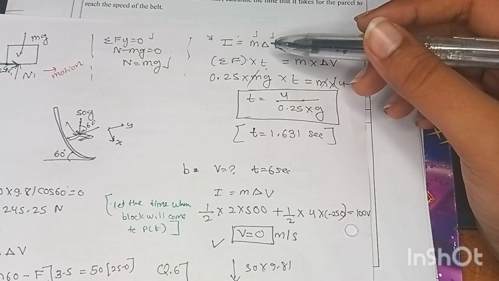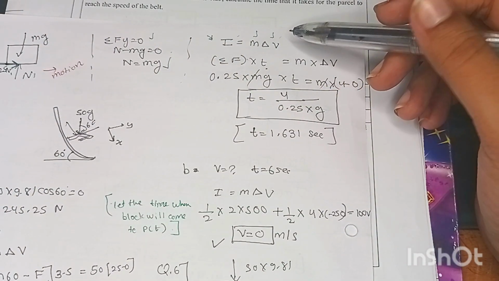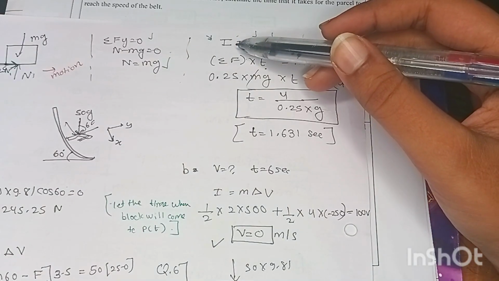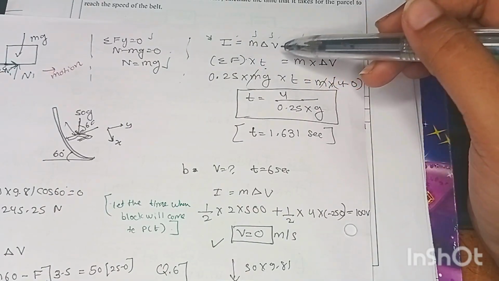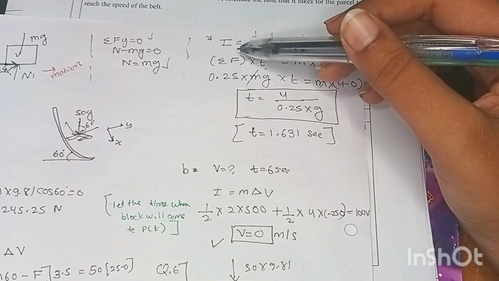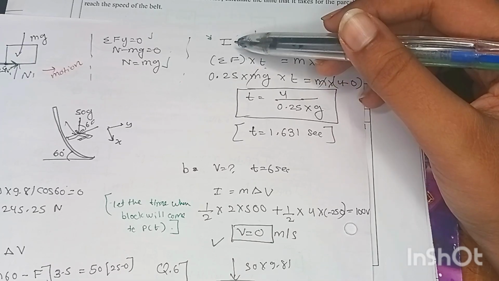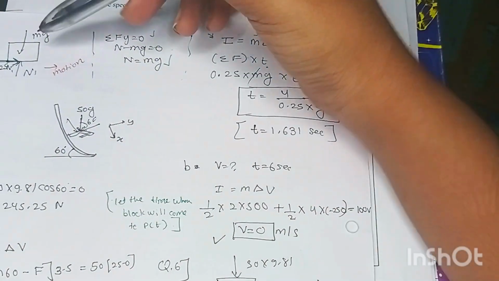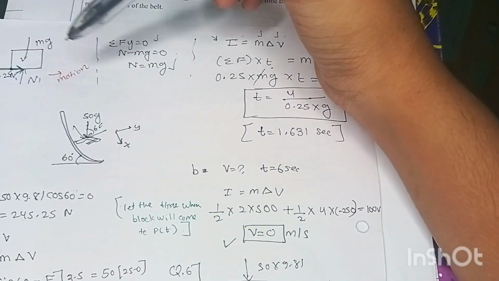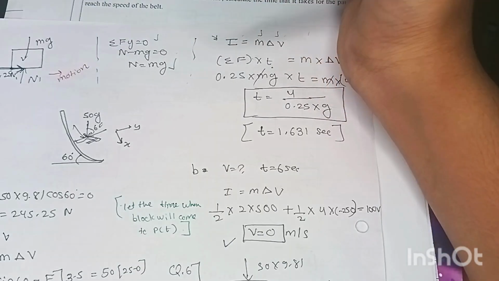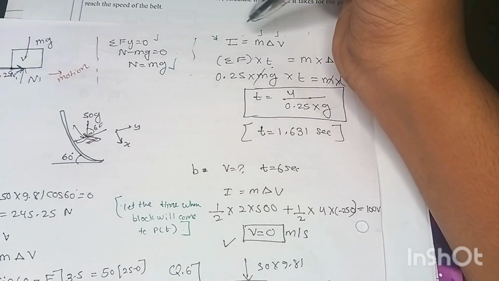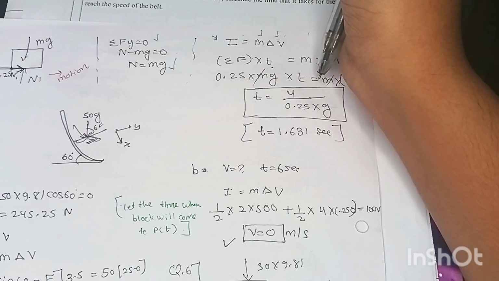So impulse is equal to change in momentum. The formula for impulse is summation of force into time. The force is nothing but your friction, 0.25 N1, into time, because you have to consider the impulse, so you multiply with time.